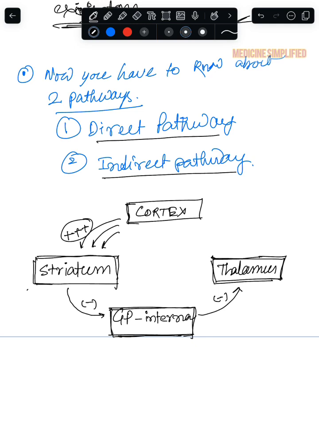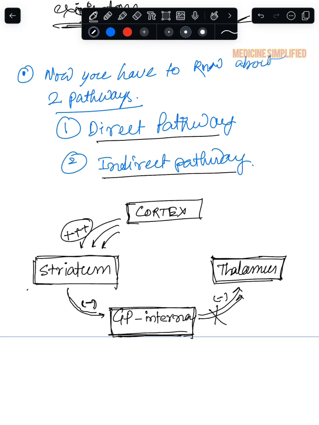So if we start the circuit from the first, the cortex stimulates striatum, so striatum gets stimulated. After getting stimulated, striatum inhibits globus pallidus interna. As globus pallidus interna gets inhibited, it cannot exert its inhibitory action on thalamus.